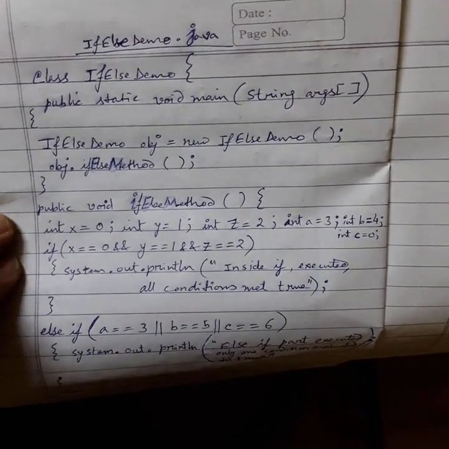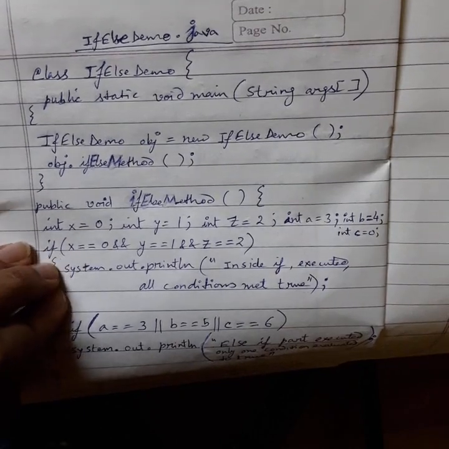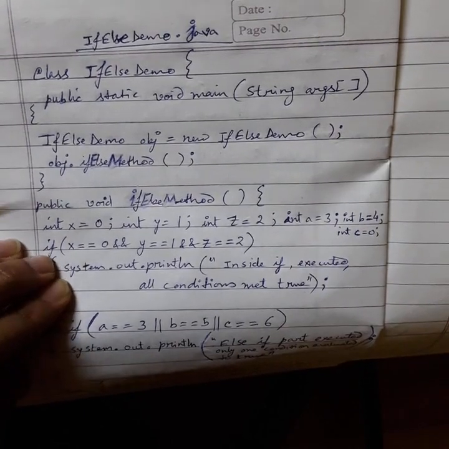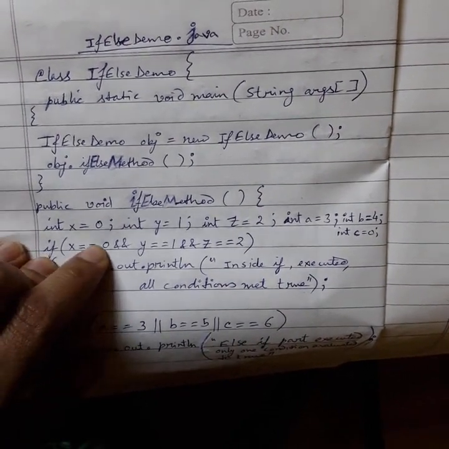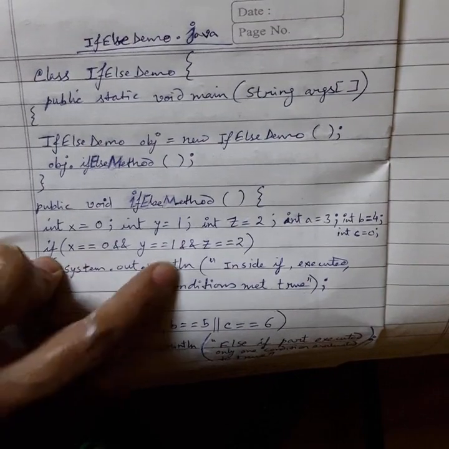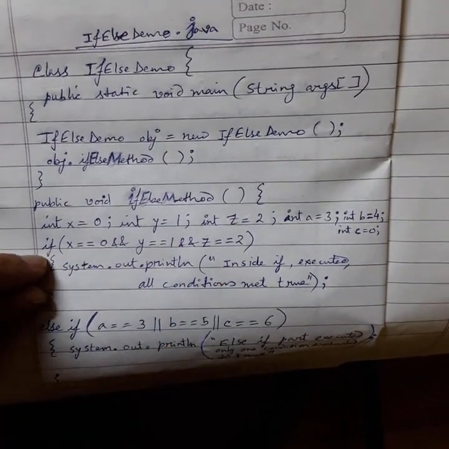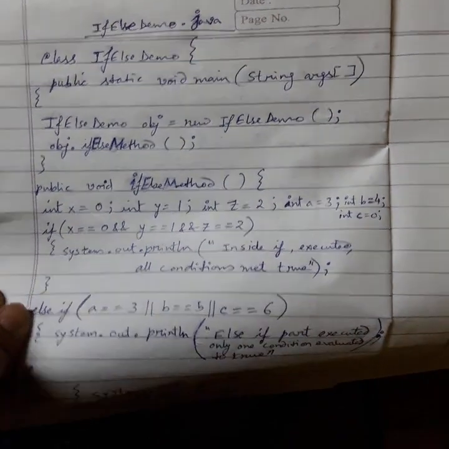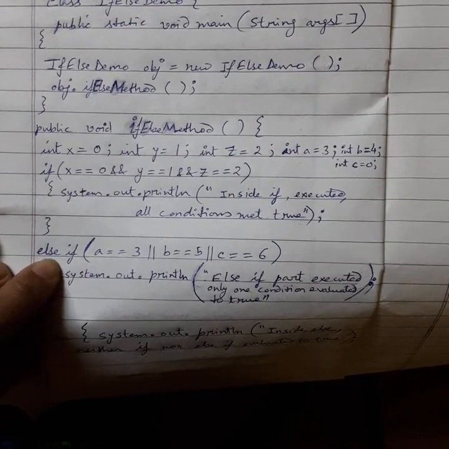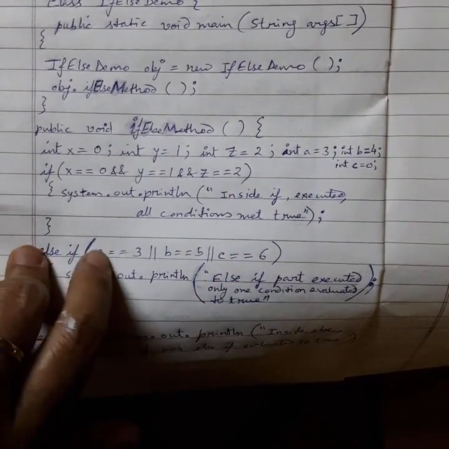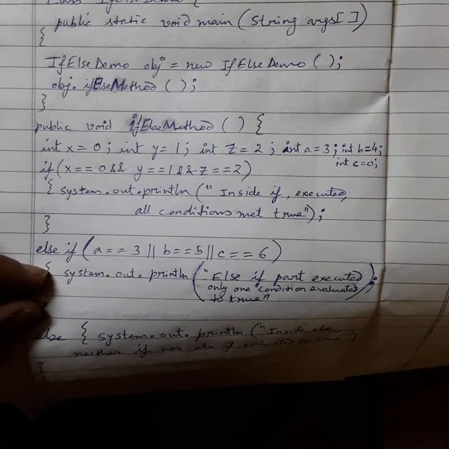Okay, so here I've initialized the values, and then I'm doing a condition testing. If condition is met, then execute the if part within the braces. Else if this condition is met, then execute the else if part.